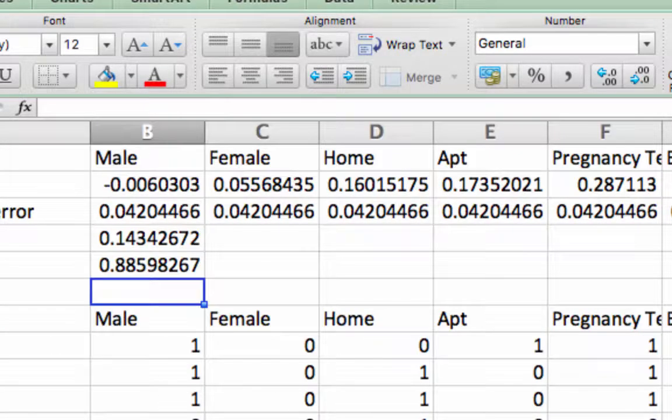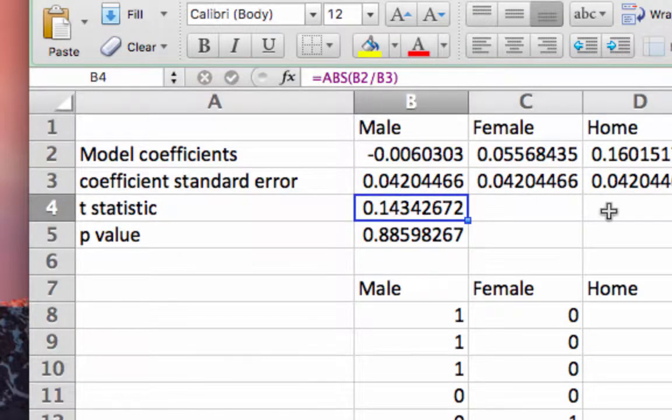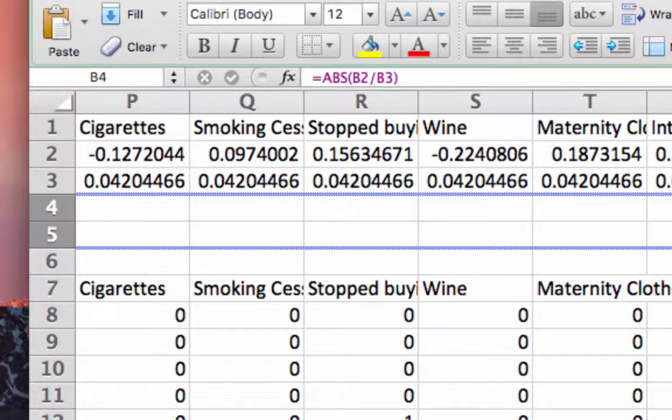And okay, so now we have that p-value for male, which is interesting, seeing as how this didn't show up as a statistically significant predictor as to whether or not somebody's pregnant, being male. Right, if we did that for real, it probably would. So let's drag this out here.